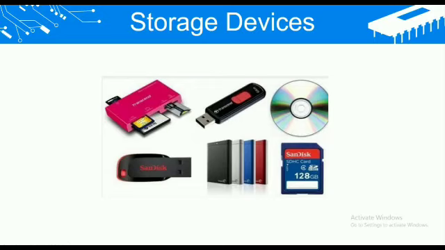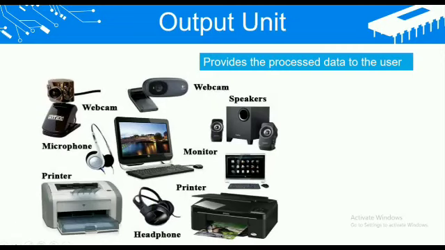There are various storage devices such as magnetic disks, pen drives, SD cards, hard disks, CDs, DVDs, magnetic tapes, optical discs, etc. We can store any data in these types of storage devices.